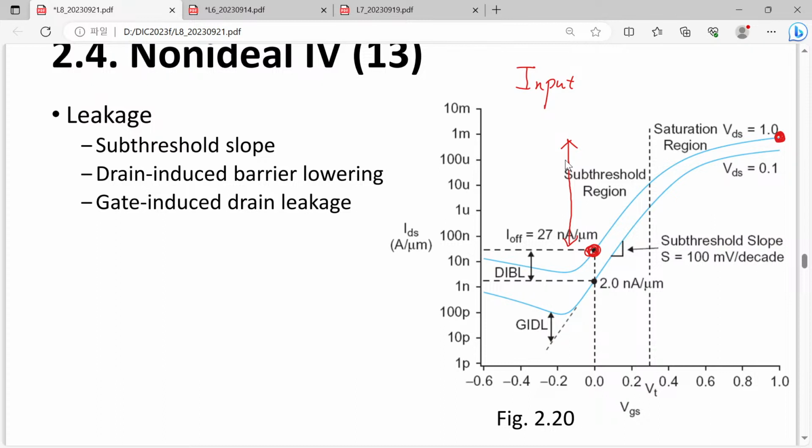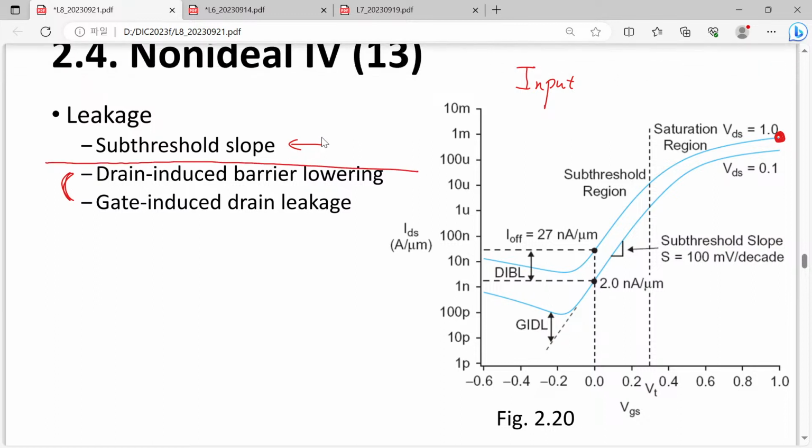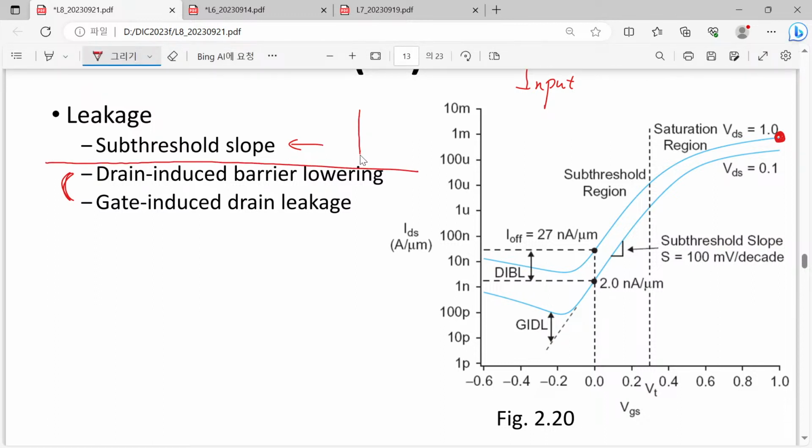Then in this last slide, the textbook explains something. Although it is the last slide, it is one of the most important topics here. Please understand these are different concepts.